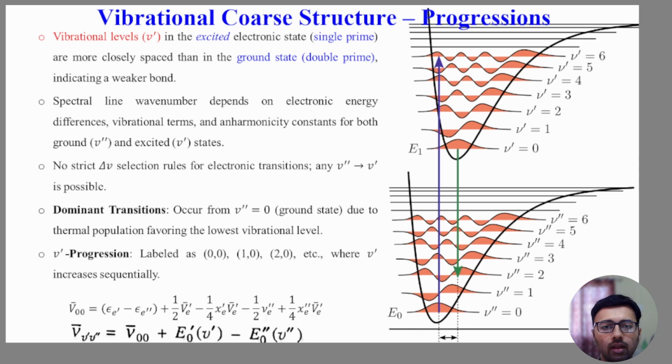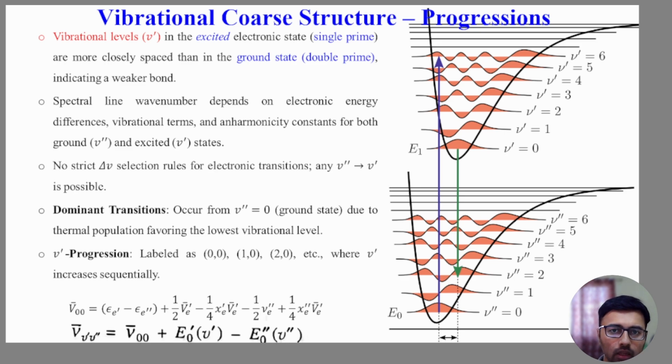The notation here means nu prime and nu double prime. So 0,0 means nu prime equal to 0 and nu double prime equal to 0. 1,0 means nu prime equal to 1 and nu double prime equal to 0. 2,0 means nu prime equal to 2 and nu double prime equal to 0.